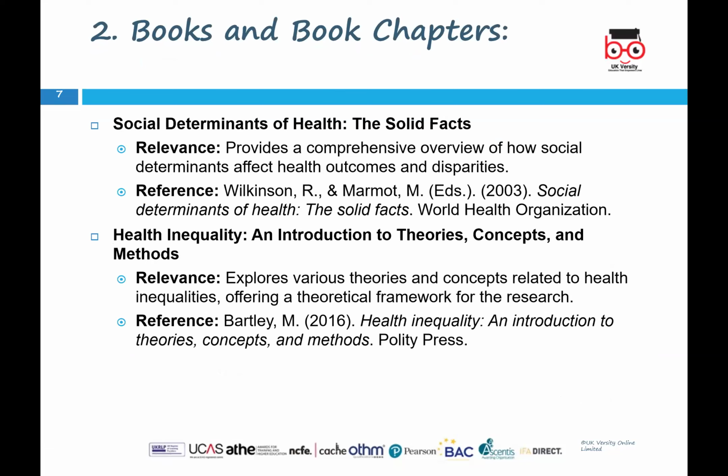Then you have books and chapters within those books. So you have Social Determinants of Health: The Solid Facts. This provides a comprehensive overview of these social determinants of health. We talked about social determinants of health, what they are. Your job may determine your health, your income may determine your health, your race may determine your health, the geographic area where you're living, whether you're black or white, may impact your health and your provision of health, actually.